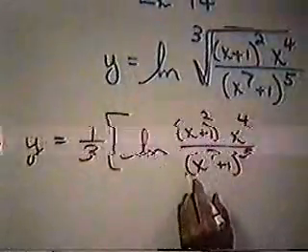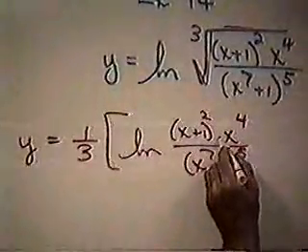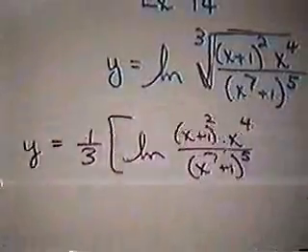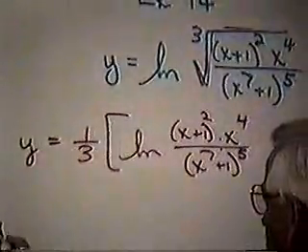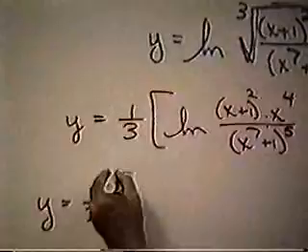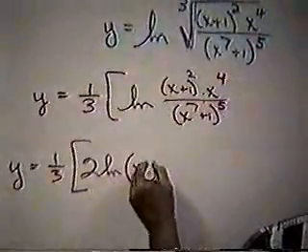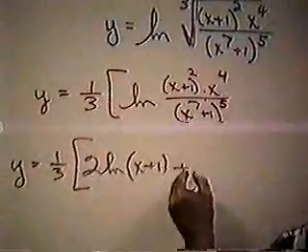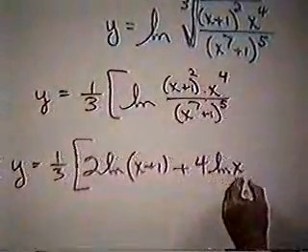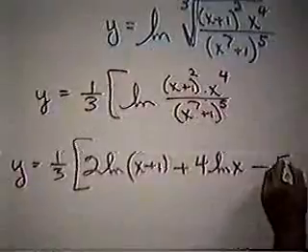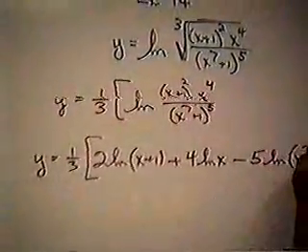Now we're going to do all that by multiplication is addition, division is subtraction, power rule. So y is equal to 1/3 times 2 times the log of x plus 1 plus 4 times the log of x minus 5 times the log of x to the 7th plus 1.